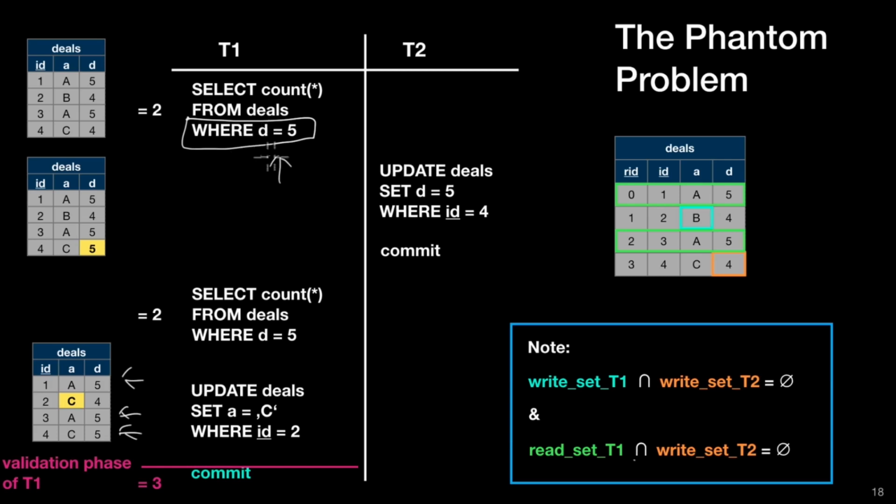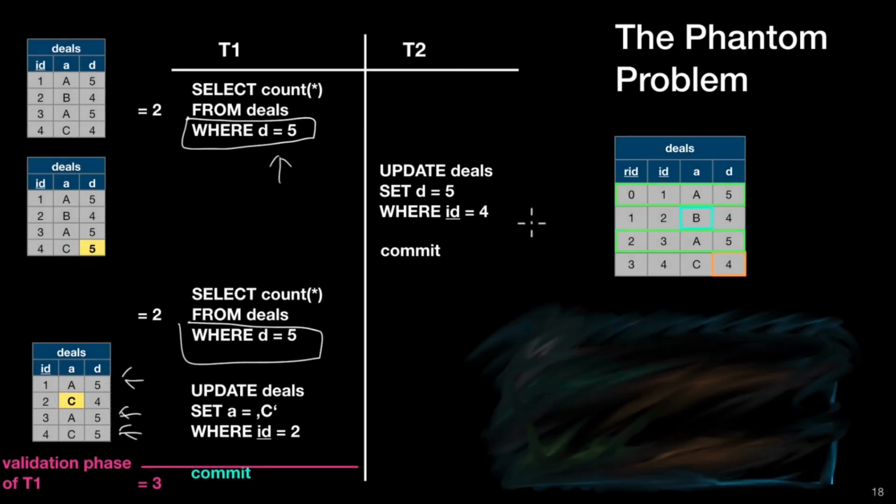However, the result of this statement will change if I change one of the rows to d equals 5. Here, add another row that qualifies basically. So if I execute this again here, this will return 3 rows. So the problem is that on a very high level, you have 2 queries here. So this is query 1 executed at T1, and this is query 1 executed at T2.